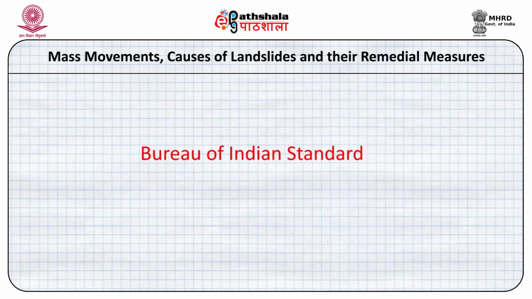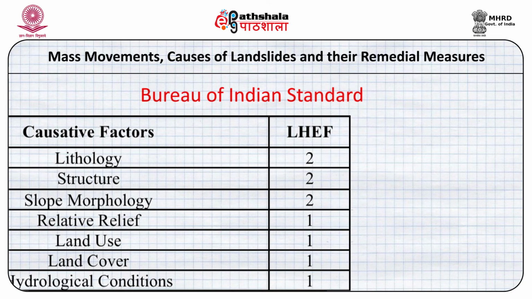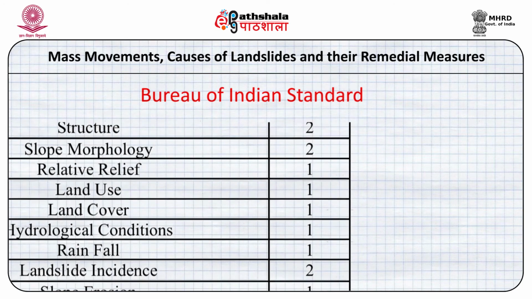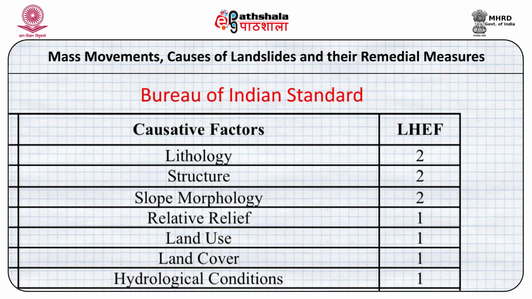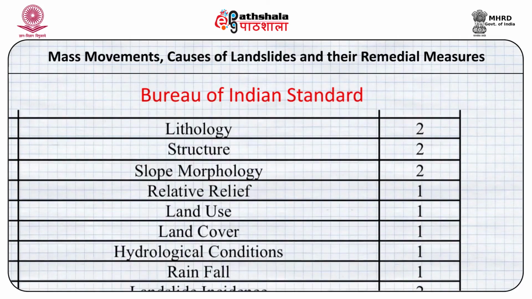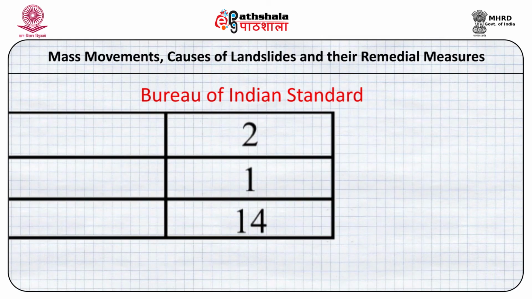Similarly, the Bureau of Indian Standards has taken 10 different causative factors and given them different numbers, termed the landslide hazard evaluation factor. The 10 causative factors are lithology with LHEF number 2, structure 2, slope morphology 2, relative relief 1, land use 1, land cover 1, hydrological condition 1, rainfall 1, landslide incidence, that is past incidence, 2, and slope erosion 1, totaling 14.